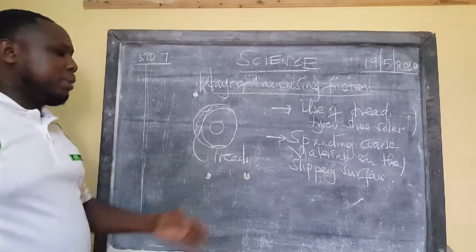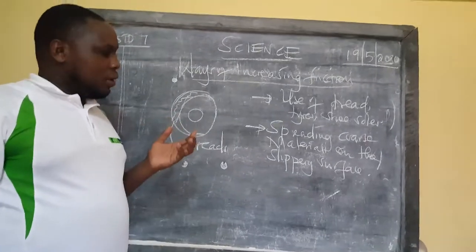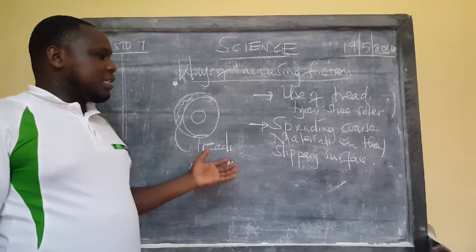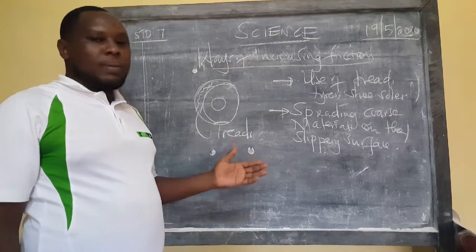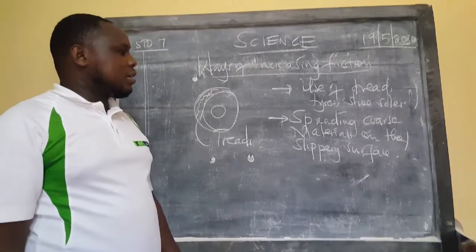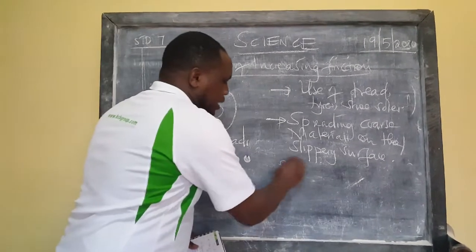Remember, our aim is to make that place very rough. So for example, if a place is slippery, you have seen many times your parents or whoever you stay with pick some sand and bring it to that point where it is very slippery. You can also bring murram. Some of these materials are murram.